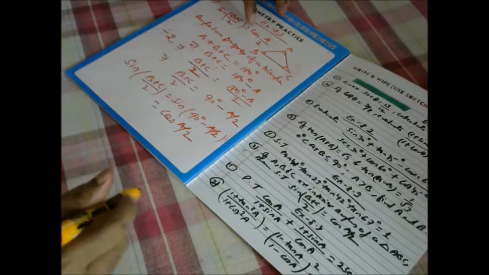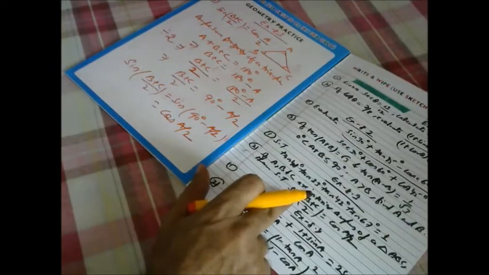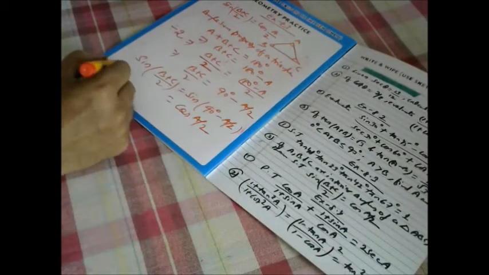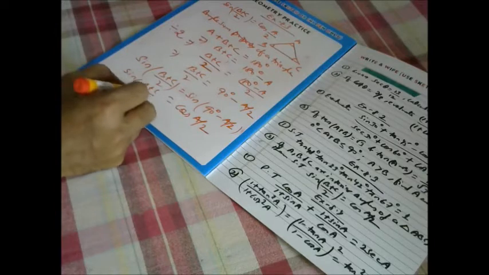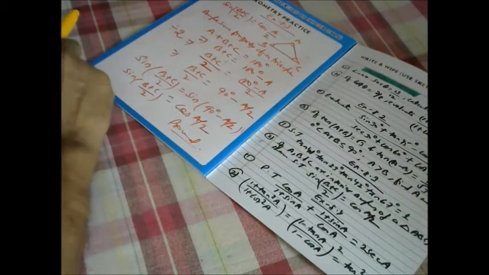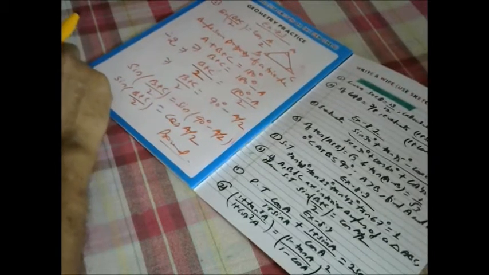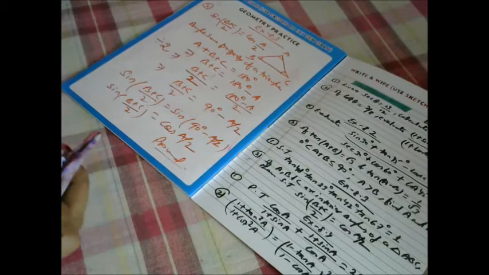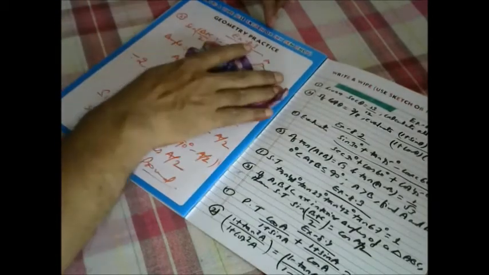So we need to prove that sine of B plus C by 2 is equal to cos A by 2, so this is proved. LHS is equal to RHS. Then we are coming to exercise 8.4.